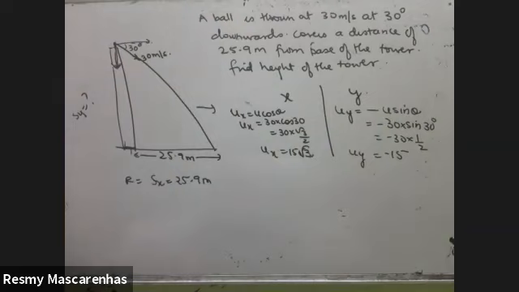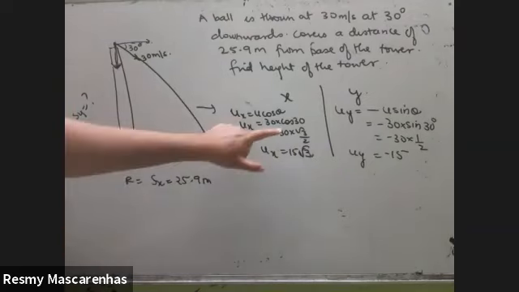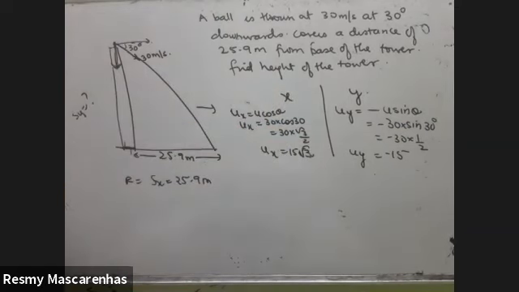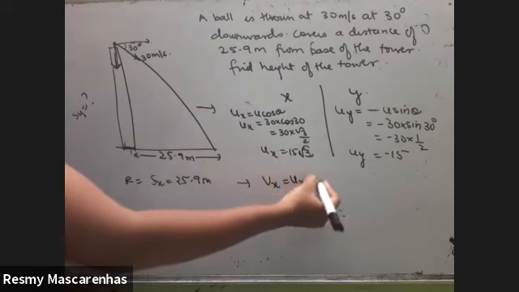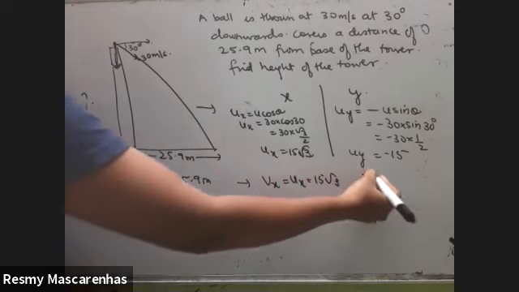So we got ux and uy. In the previous problem, I had calculated separately and then put it here. I have directly calculated here in the table. So ux is 15 root 3, uy is minus. Vx will be the same as ux. Vy we don't know.